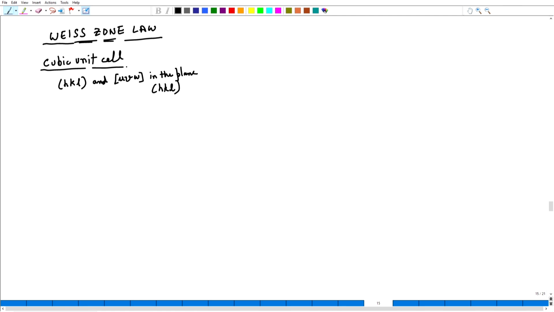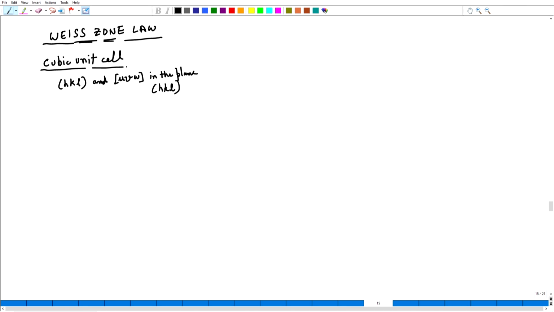Then, as we had seen in the previous lecture, clearly if the direction UVW has to lie in the plane, then the dot product of this direction UVW with the normal to the plane HKL should be 0.